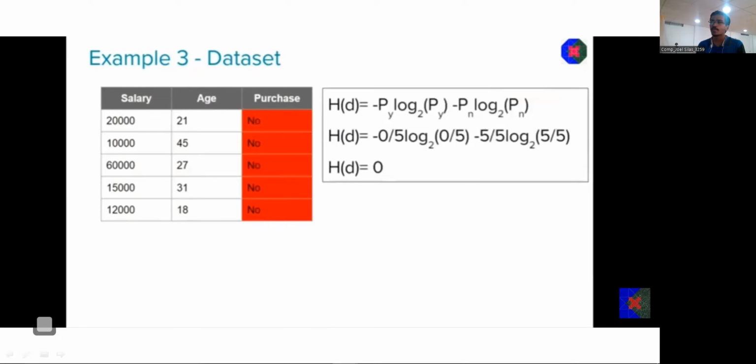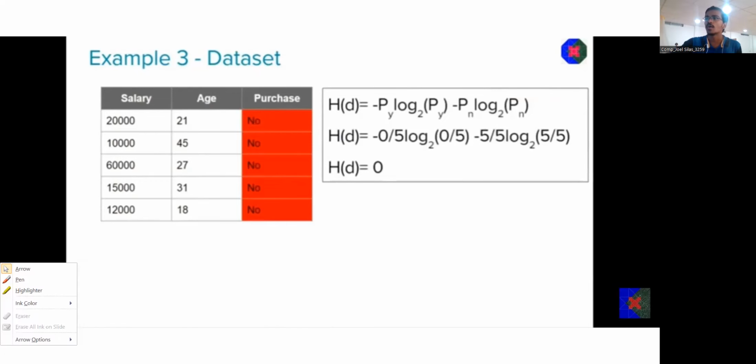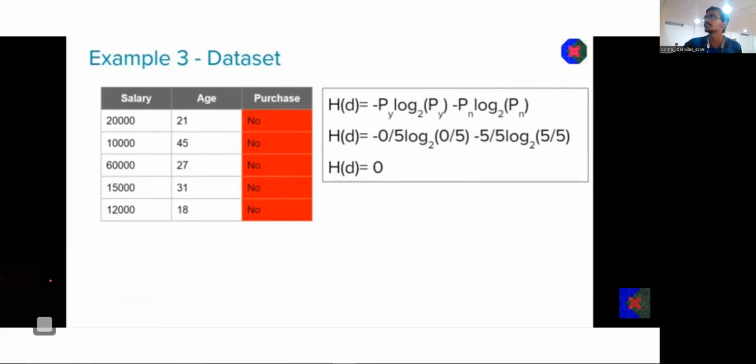Another case is when you have all the classes which are same. For example, here the label is only no. There is absence of yes. That means the probability of no will be, the required is how many times? 5, and the total times is also 5. So 5 by 5, probability is 1.